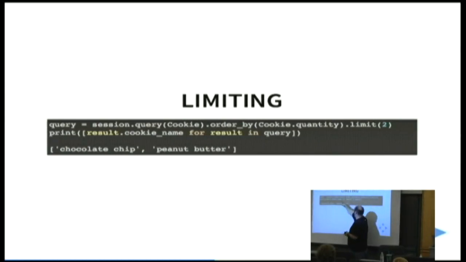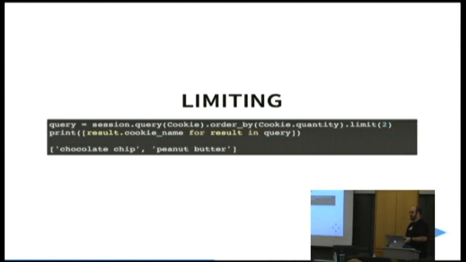So I've saved this as a query, and then I'm treating query as the normal iterator that I could do with session.query. This is the same thing as doing for cookie in session.query, whatever. I'm just doing it in a list comprehension. Does that make sense?